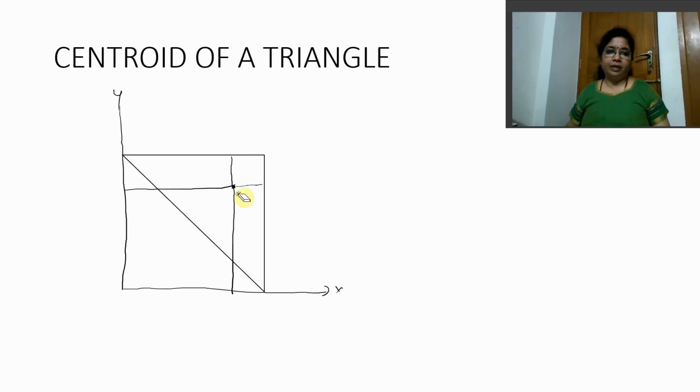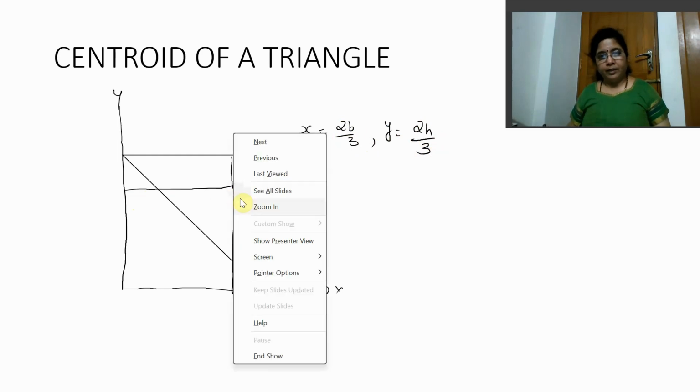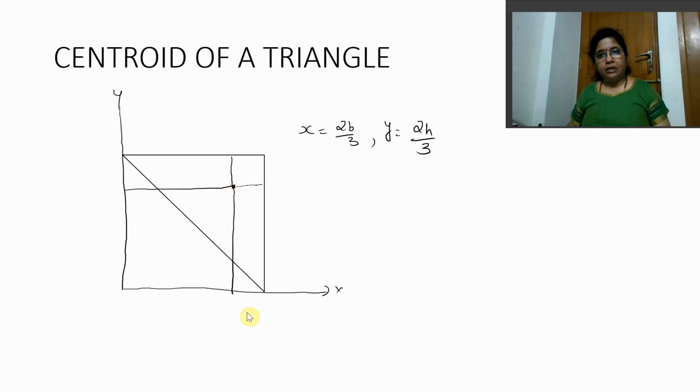So when I'm dropping a perpendicular from here, this is the distance. What will my x be? My x is going to be again 2b by 3. What is y? Y is going to be 2h by 3. So this entire distance, as you can see, is 2b, and this is going to be, sorry, 2h by 3. So it depends on the orientation. The orientation will keep varying.